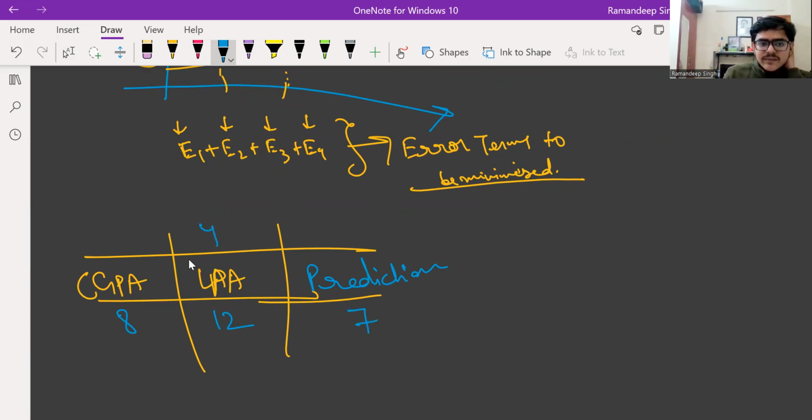So I represent this by Y, and I represent this prediction by Yi hat. So this is Y1 and this is Y1 hat, and my error is 12 minus 7 equals 5 LPA.